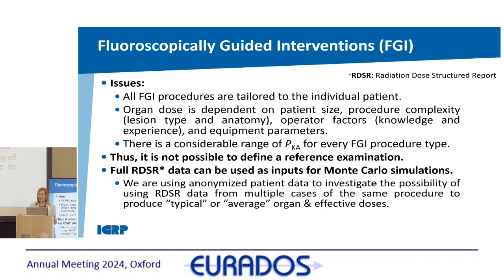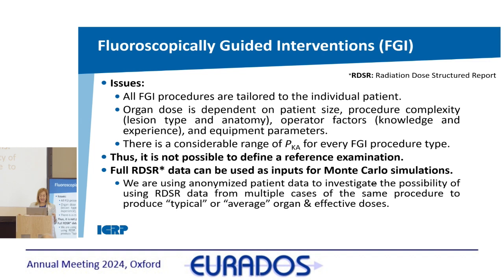There is also a wide range of cases for every procedure, and it's not possible to define a reference examination on a reference phantom. So we had to think of something else and to divert from the concept of the reference patient.